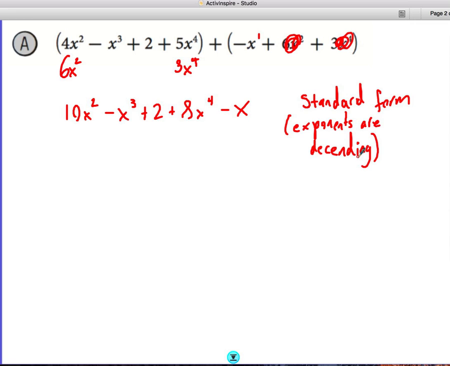So in order for the exponents to be descending, we have to start with the largest exponent. Here we have the largest exponent of 4, so we're going to go ahead and write that first.